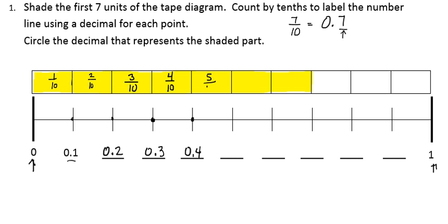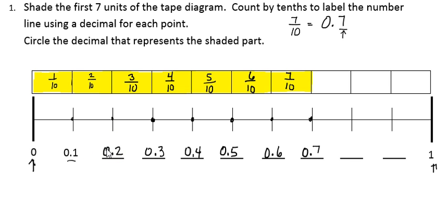Then 5/10, where that ends is my 5/10 point on the decimal number line. Next, I have 6/10, and I'll show where that ends on the number line. And finally, we have 7/10, and where that section ends, that's 7/10 on my decimal number line.